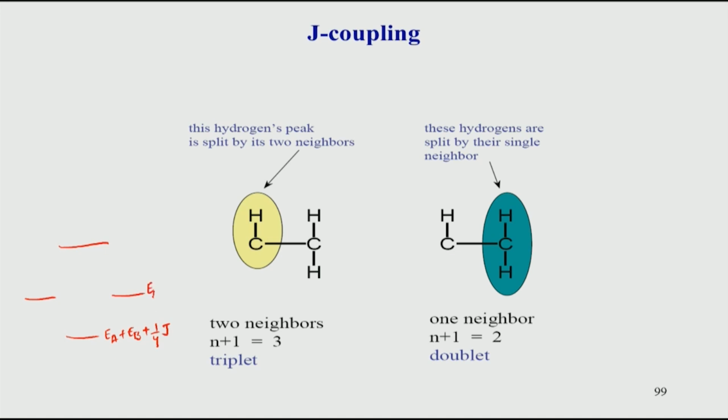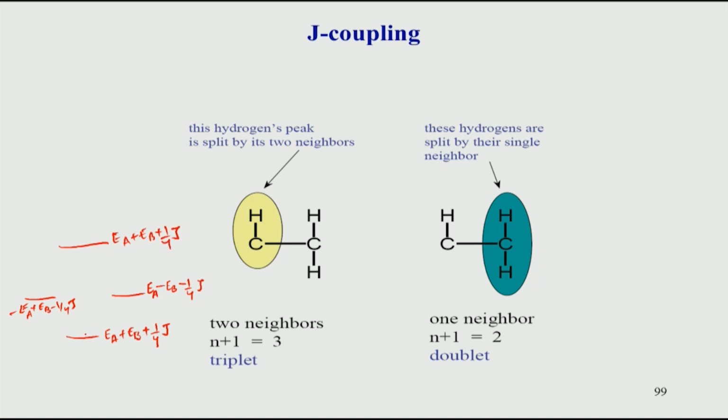Now, this one is EA minus EB minus 1 by 4 J, and this is EA minus EA plus EB minus 1 by 4 J, and this one is basically EA plus EB plus 1 by 4 J.